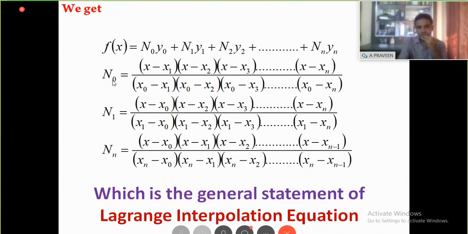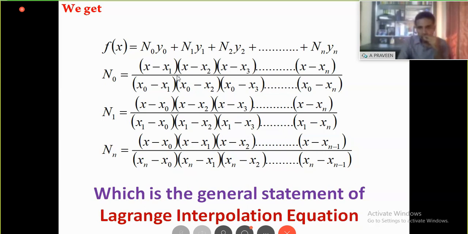If you look at the slide, it's very easy. So this is the general function you get for the Lagrange polynomial or Lagrange interpolation. If you have n sets of data, x naught, y naught, x1, y1, x2, y2, and so on, you can use this general function. It's very simple.